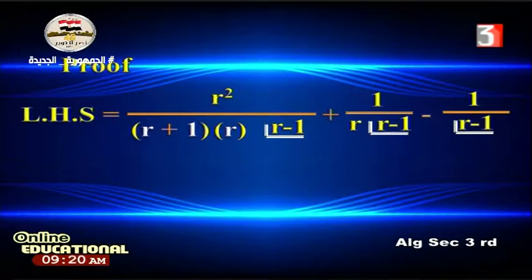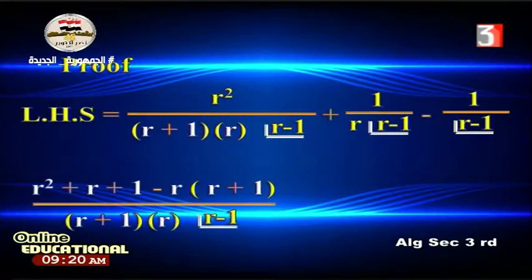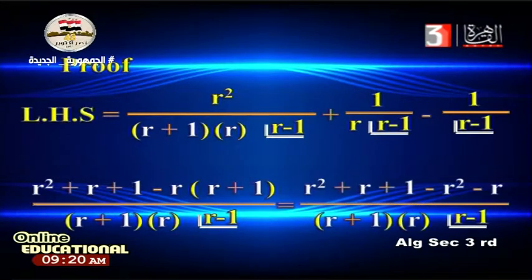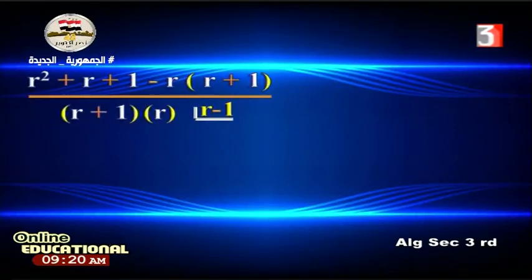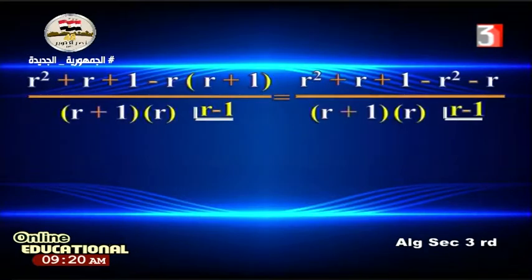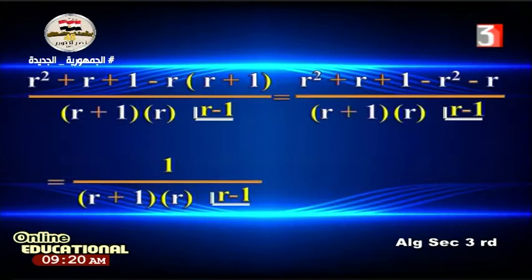Look at the common denominator, factorial r minus 1 times r plus 1. And we simplify the numerator. Therefore, we deduce that, my dear student, the left-hand side equals 1 over r plus 1 times r times factorial r minus 1, or 1 over factorial r plus 1.